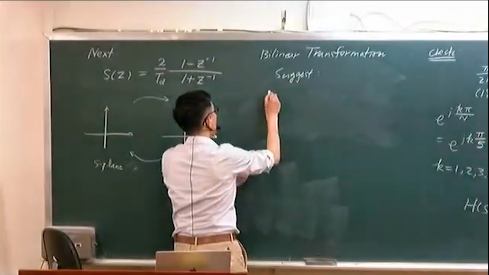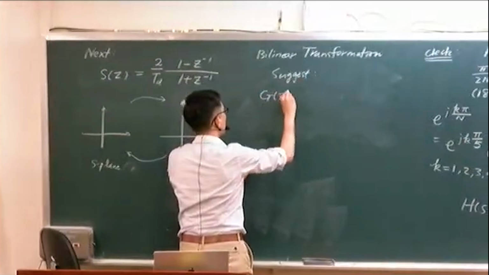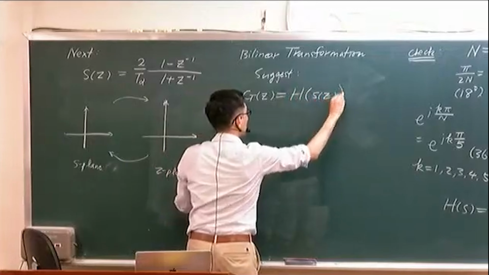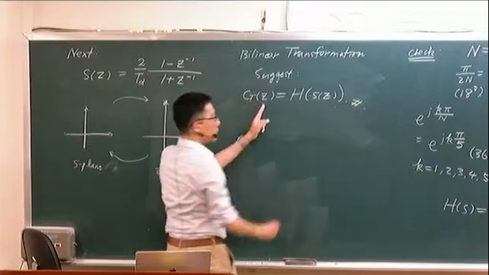My suggestion is that we define G of z as H of s of z. And period. That's a design.